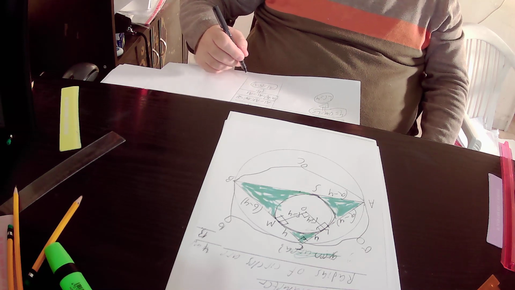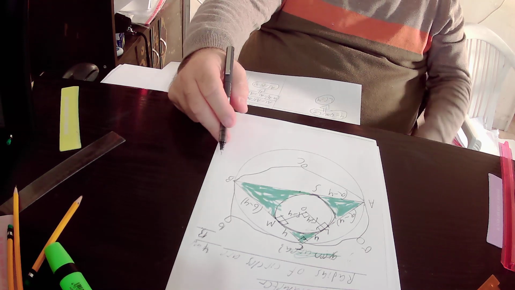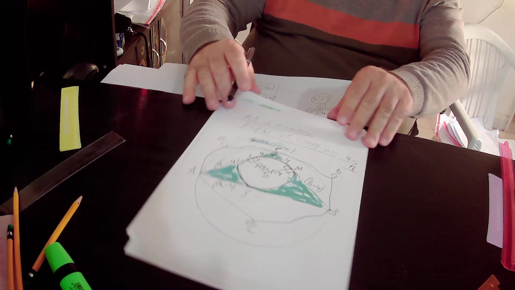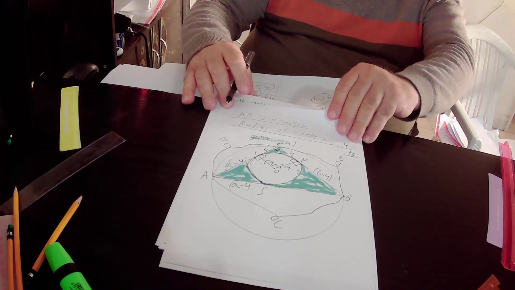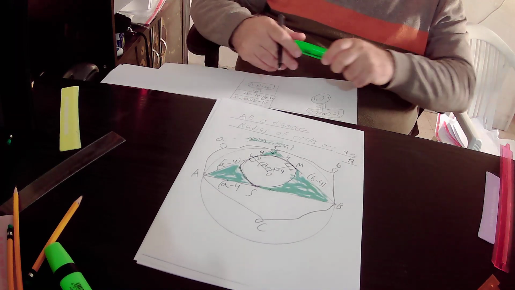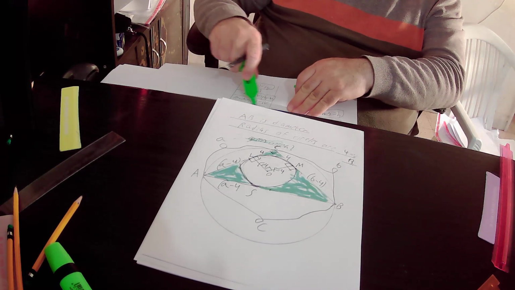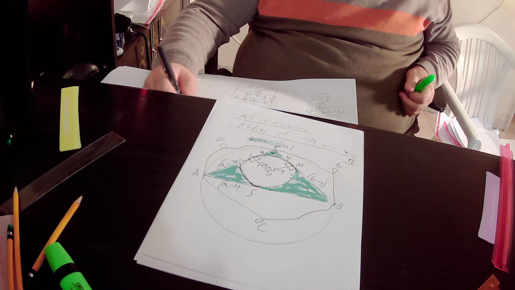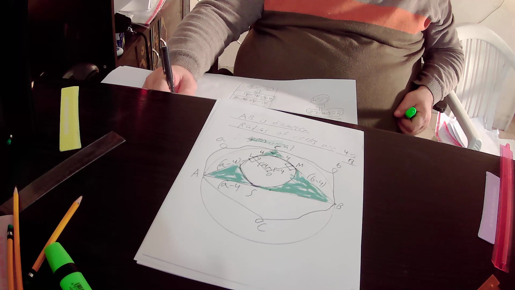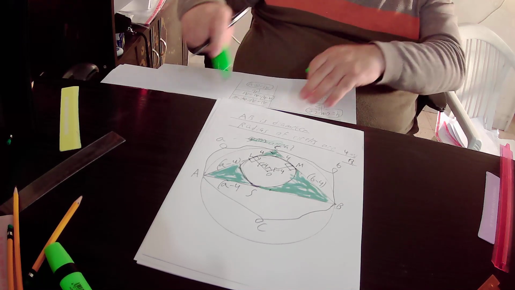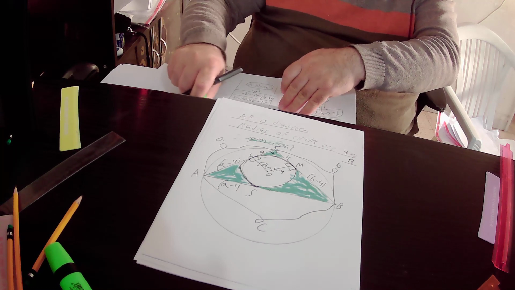In the next step, we'll focus on the common external point B. From the common external point B, we have two tangents to the small circle.